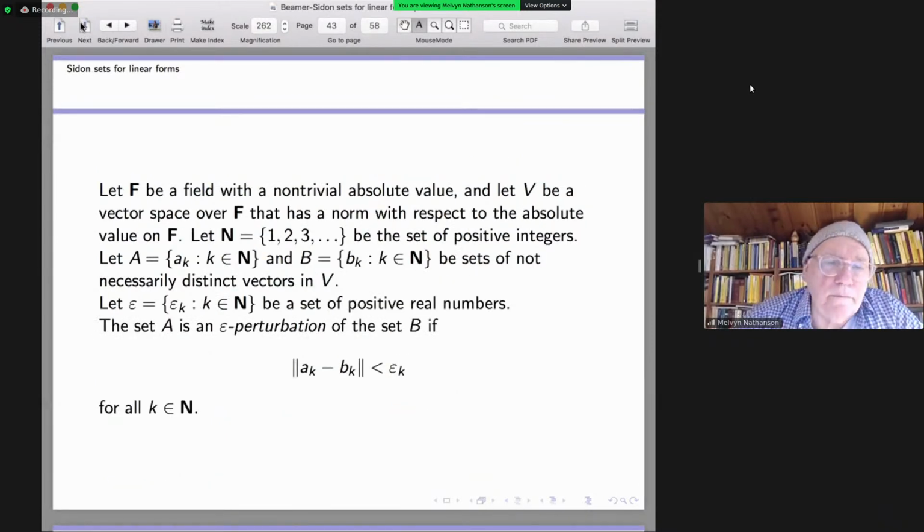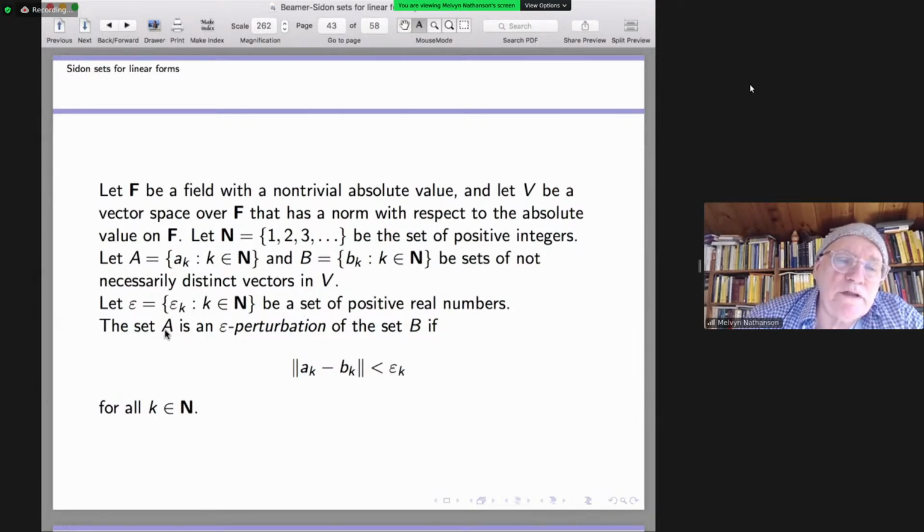So let me just define what is a perturbation of a sequence. Again, you have a field with a non-trivial absolute value, a vector space V that has a norm with respect to the absolute value, and the positive integers. And you have two sequences of vectors, not necessarily distinct. And epsilon sub k is a sequence of positive real numbers.